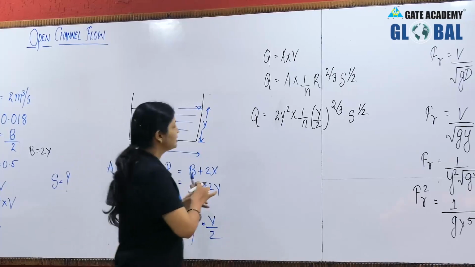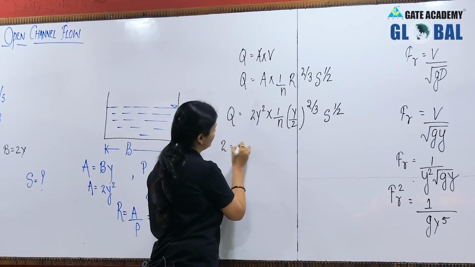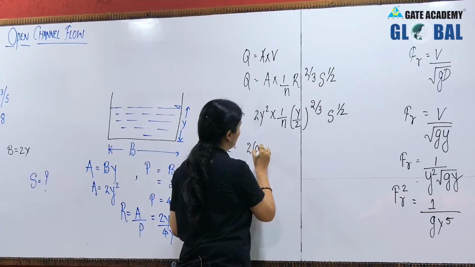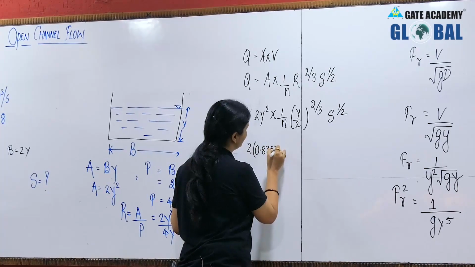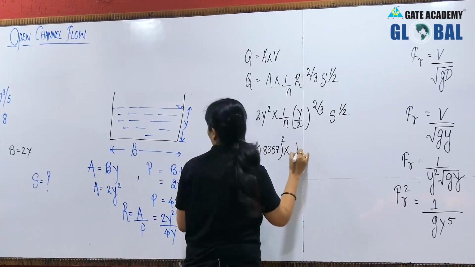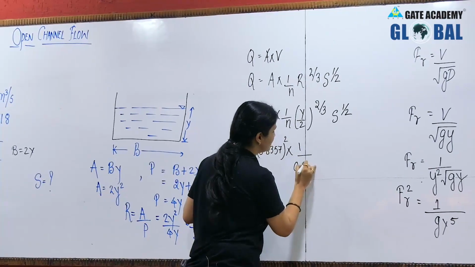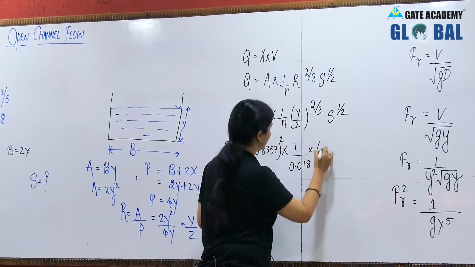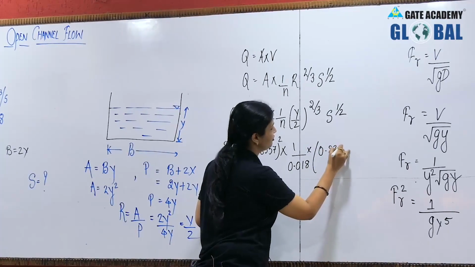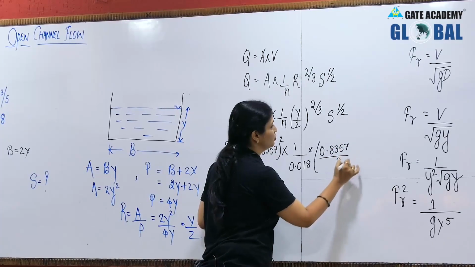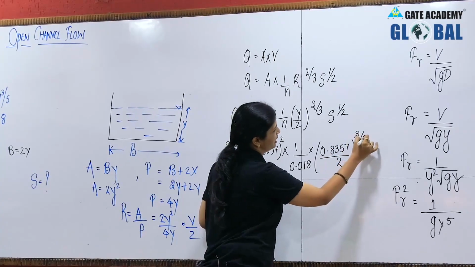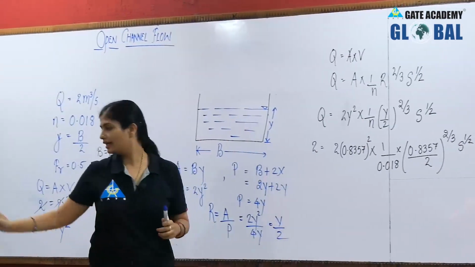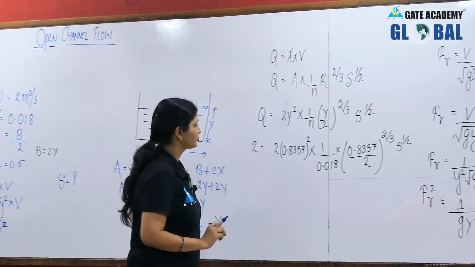Q is given to you as 2 meter cube per second, y square, so y is given to you as 0.8357 square, Manning's constant n is 0.018. What is your y? Again it is 0.8357 by 2 to the power 2 by 3, and this is your slope. Now you have to calculate the values and get the slope.